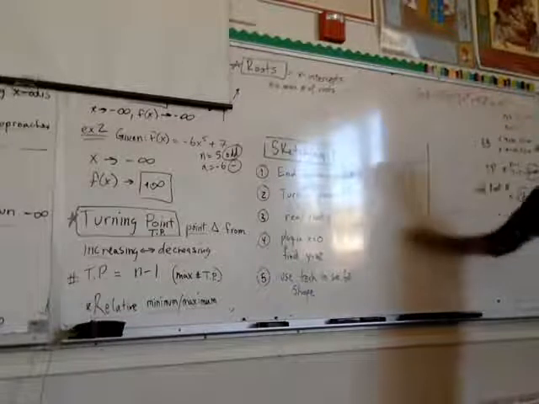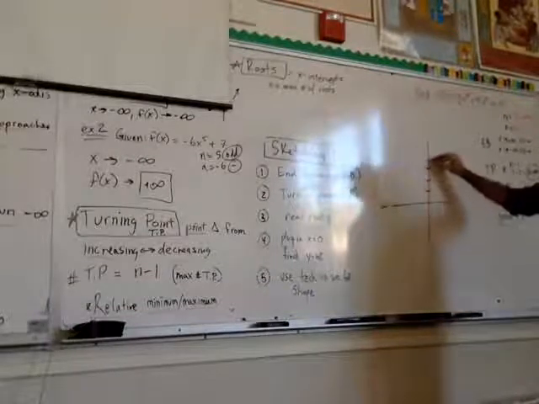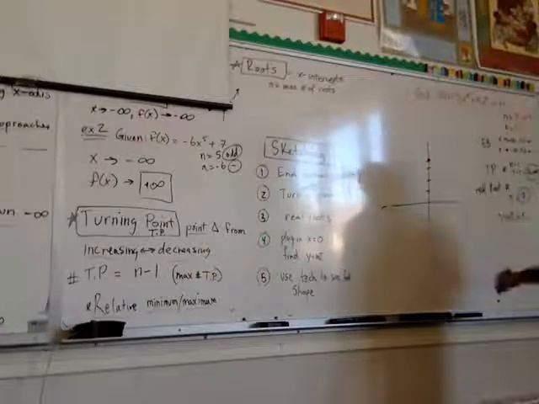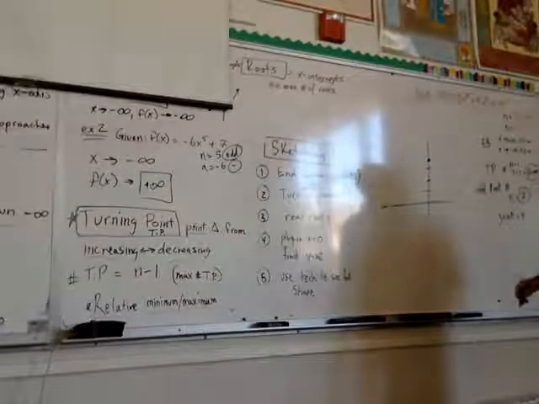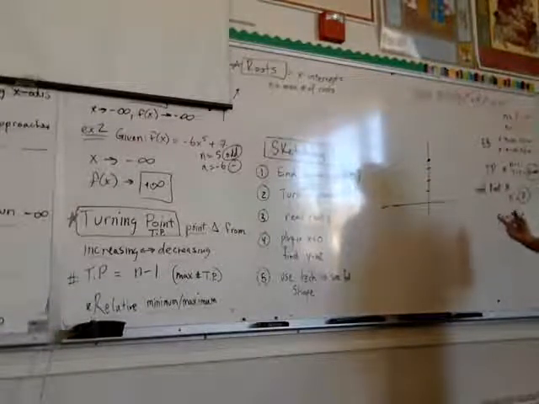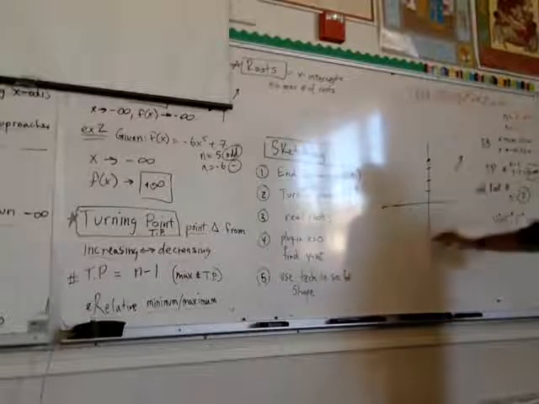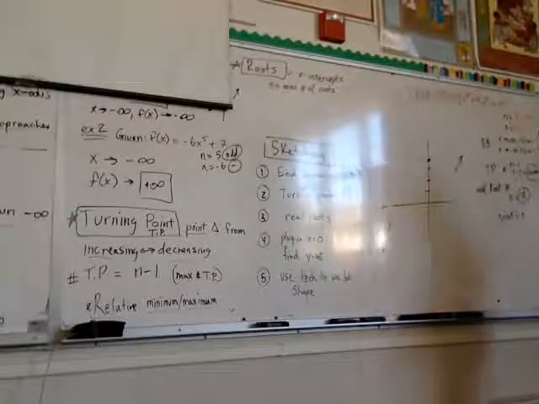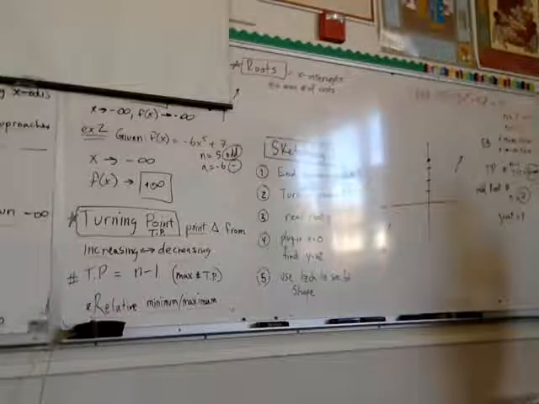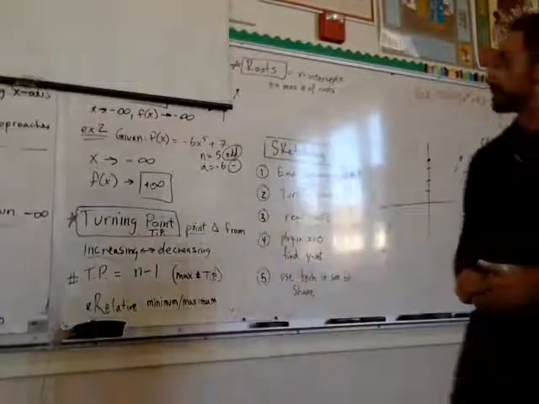So already I know I can go 1, 2, 3, 4. That's my y-intercept. And I know it goes up this way, down that way. It may have up to 7 roots, and up to 6 turning points max.